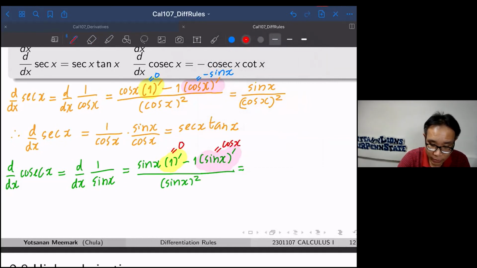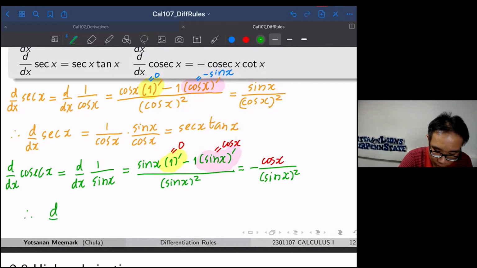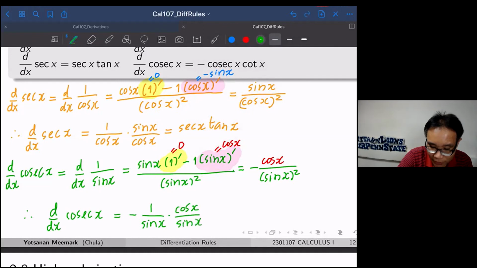So basically you would get negative cosine x on top, and sine x squared on the bottom. So in this case, you will get d/dx of cosec x equal to negative 1 over sine x times cos x over sine x.